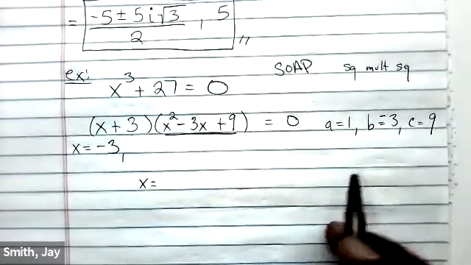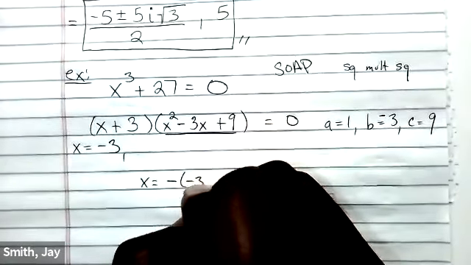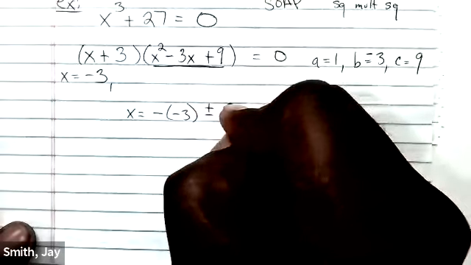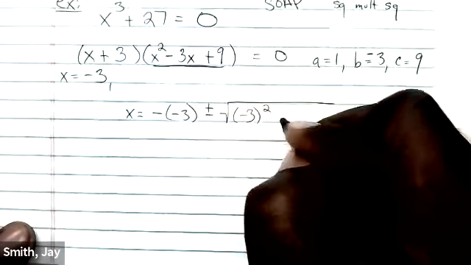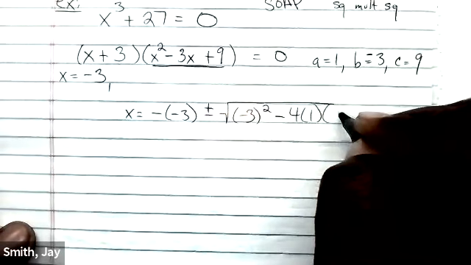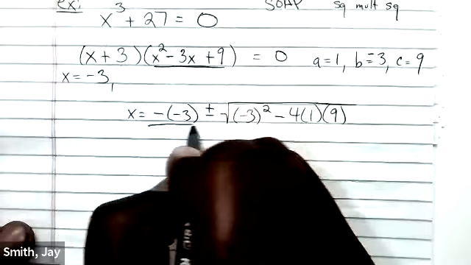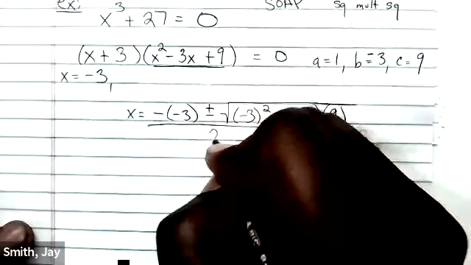Plugging everything into its appropriate place in the quadratic formula, we're going to have a negative B, or -3, plus and minus the square root of B squared, or -3 squared, minus 4 times A, which is 1, times C, which is 9. All this is being divided by 2 times A, which is 1.